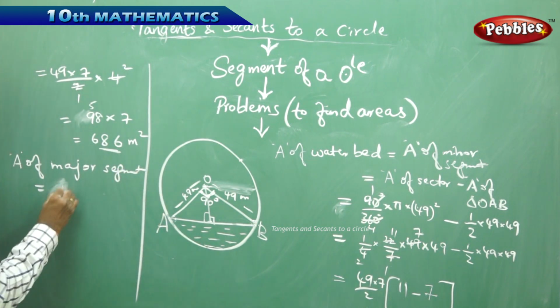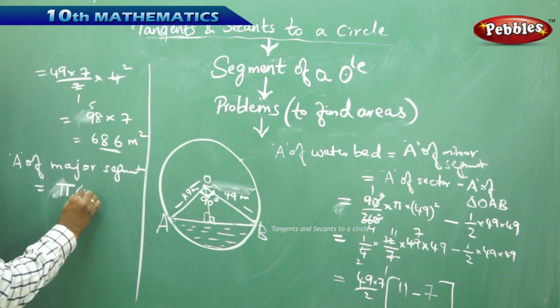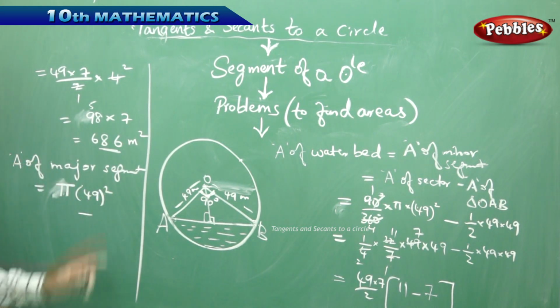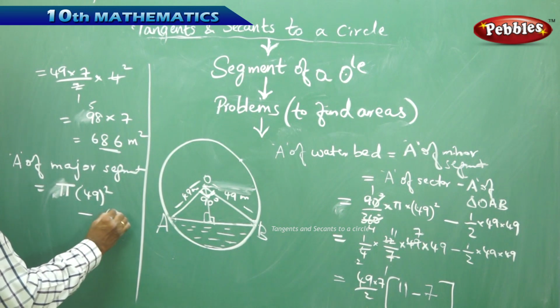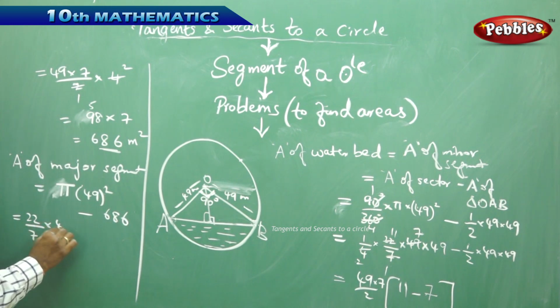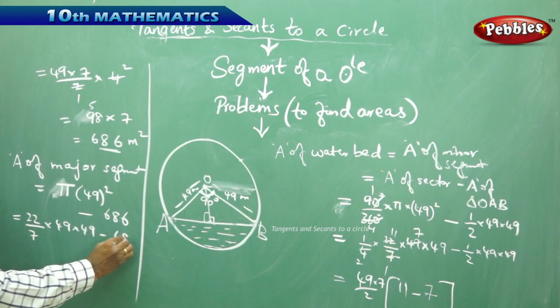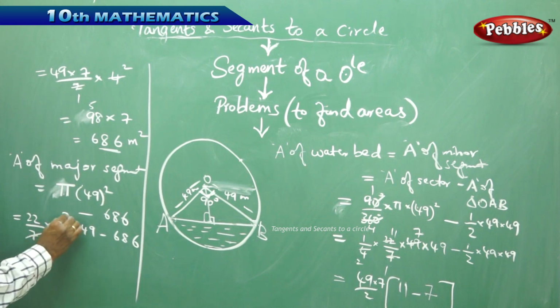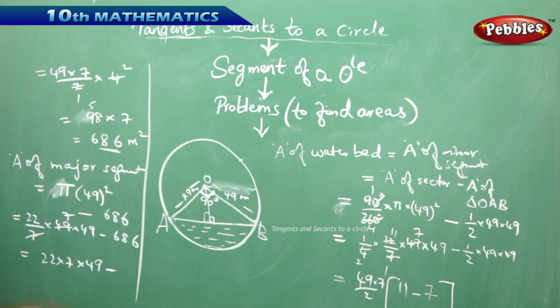Area of circle is pi r square, minus 686. This on simplification gives 22 by 7 times 49 into 49 minus 686, which is written indirectly as 49 times 7 times 2. Therefore, 7 times 49, taken common on both, gives me 22 minus 2.